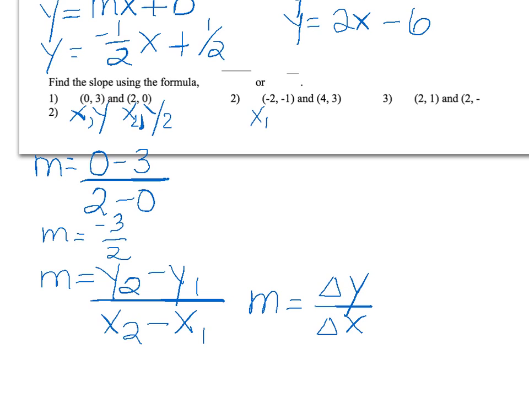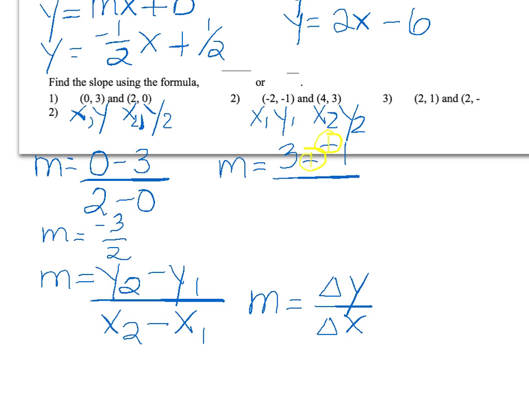We have x1, y1, x2, y2, m equals. So our y2 is 3, minus our y1, which is a -1. So I actually have a double negative here, and we change them both to positives.